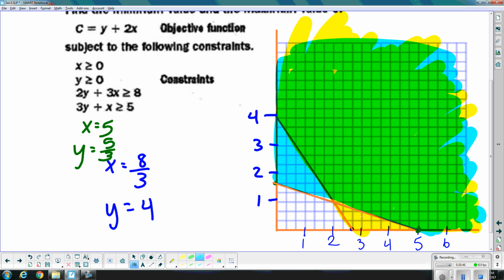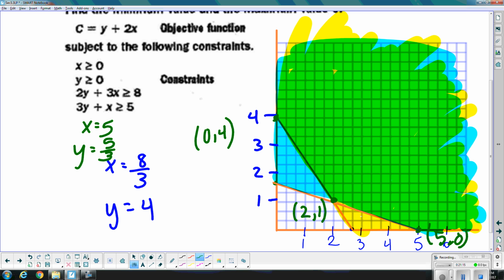I have an unbounded feasible region, but I can still take these 3 vertices that are on my boundary to see if I have a minimum or a maximum value. So I'm going to still take those points. This is 0, 4. This is 2, 1. And this is 5, 0.